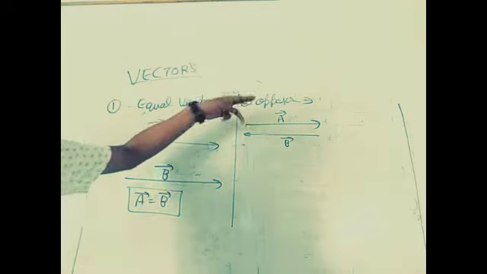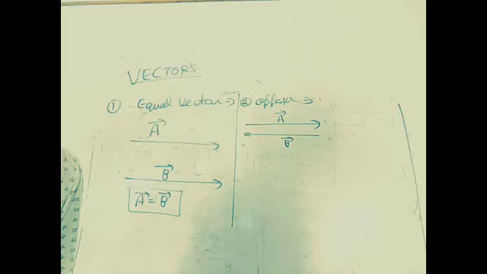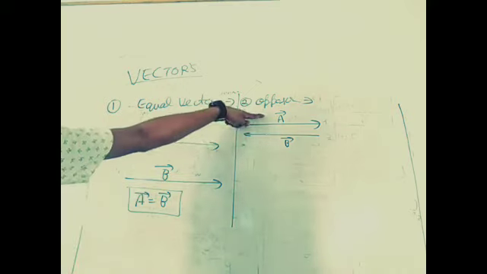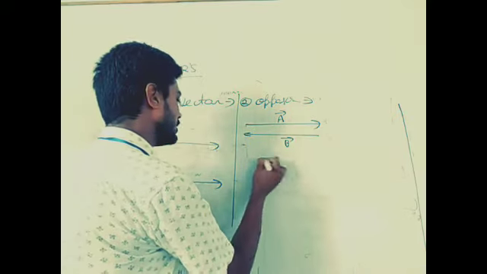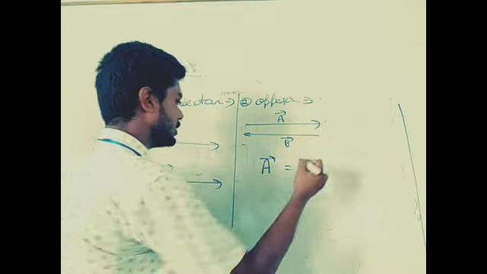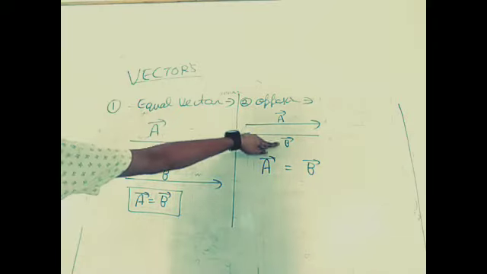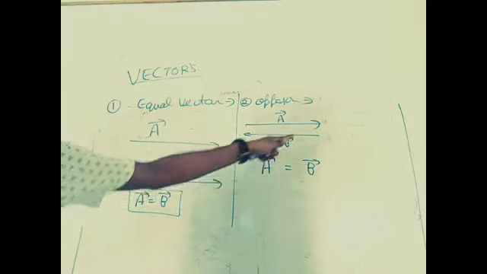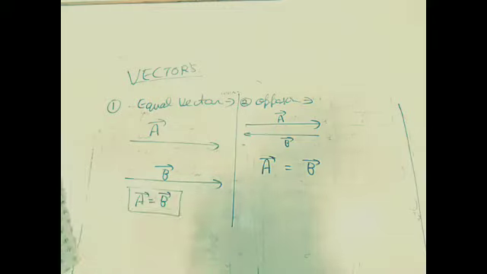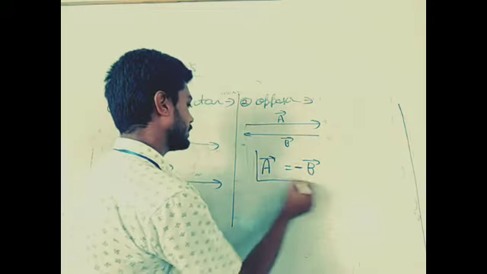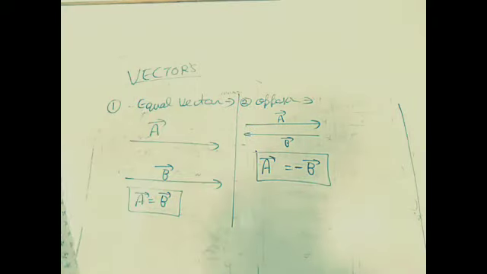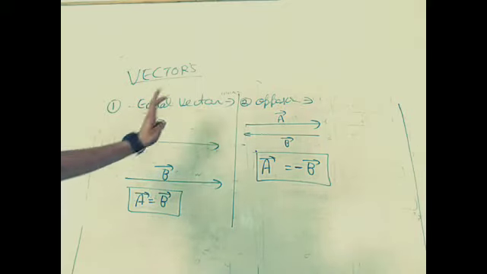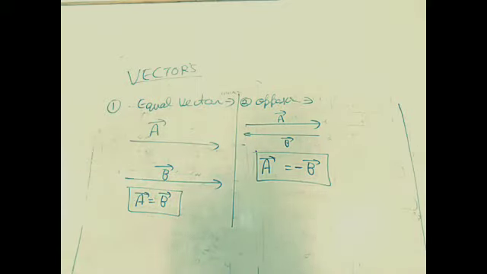Then you will say vector A is opposite to vector B. Since these two vectors are equal in magnitude, you will write A is equal in magnitude to B, but since the direction is opposite, you will put a minus sign. For opposite vectors, you will always put a minus sign. This is the second type of vector. The first type is equal vector, the second type is the opposite vector.